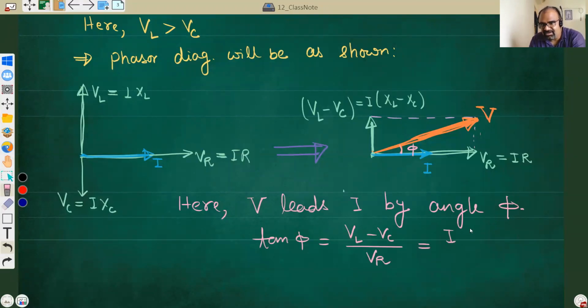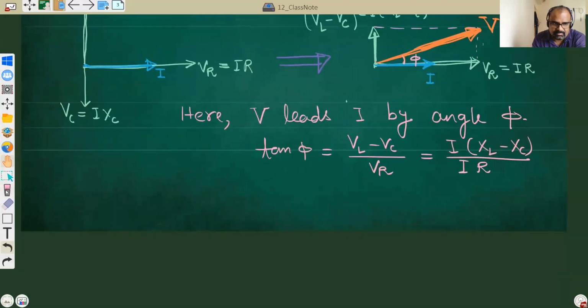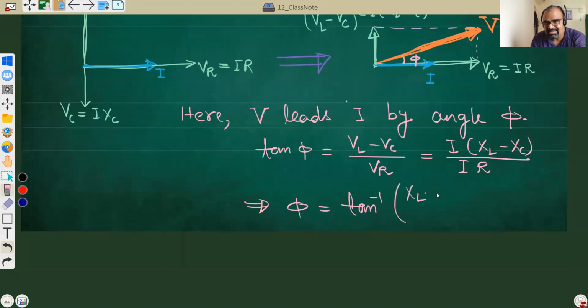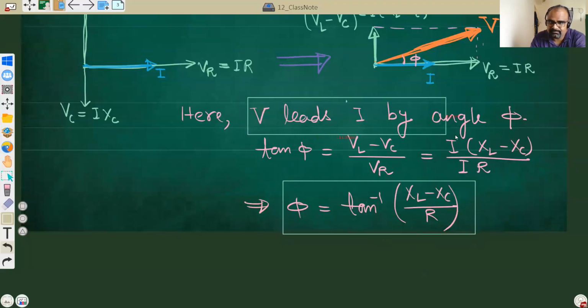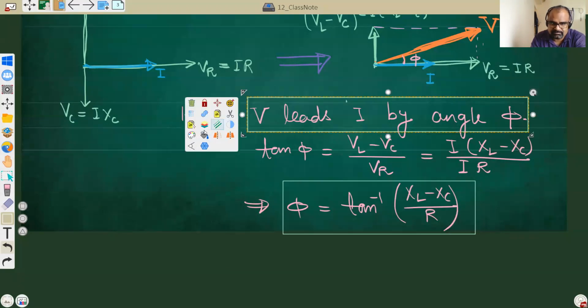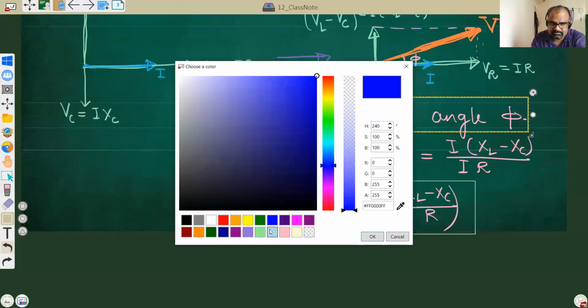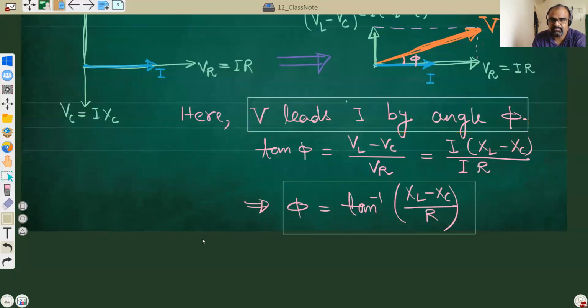Now VL minus VC can be written as I into XL minus XC, and VR can be written as I into R. So you will get phi is equal to tan inverse of XL minus XC by R. Is that clear? Any problem? No, sir.